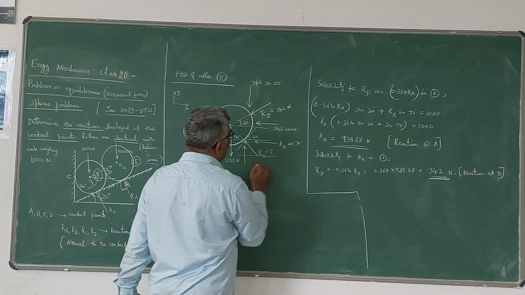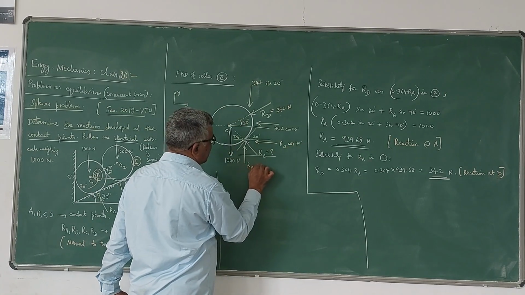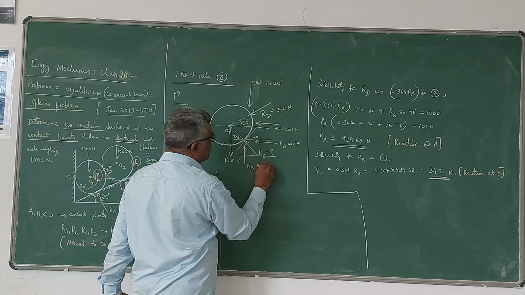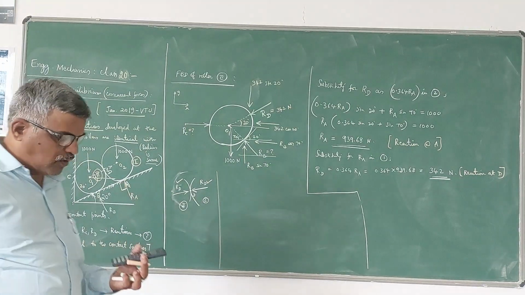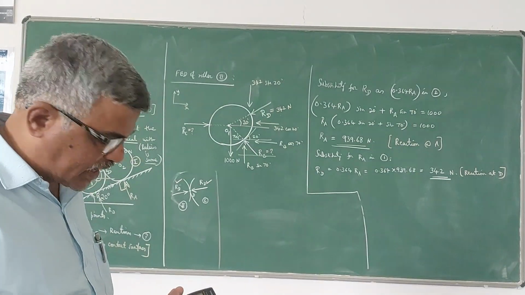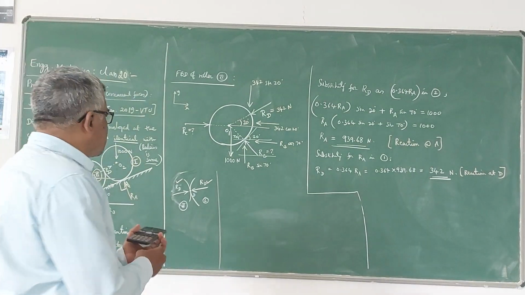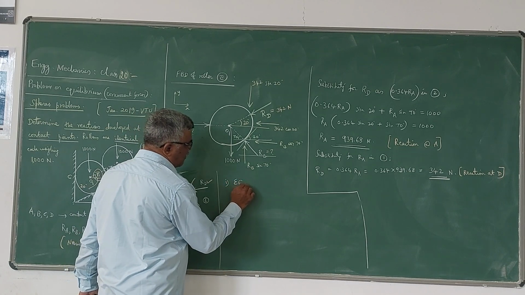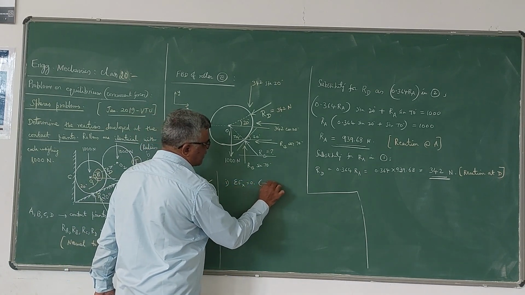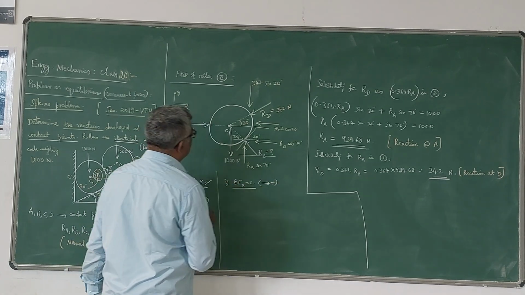RB cos 70, RB sin 70. And this doesn't have any resolution because it is a horizontal force. Now once you resolve, let us write the equations of equilibrium. The first equation, sigma Fx = 0, towards right positive.